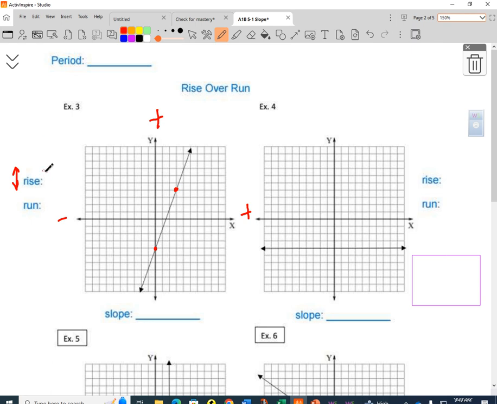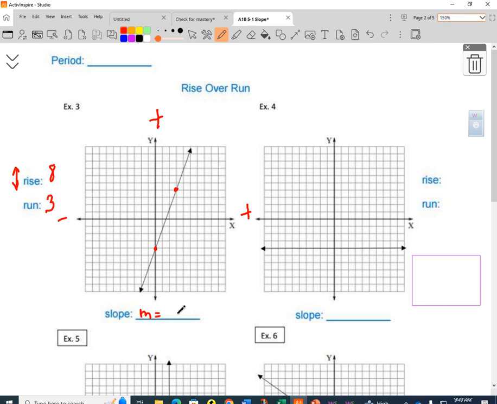If I'm going up, that's a positive 8, right? And now, from there, am I going to go left or right to get to my line? Right. Is right positive or negative? Okay, so that's going to be a positive number, a positive 1, 2, 3. So my run is 3.